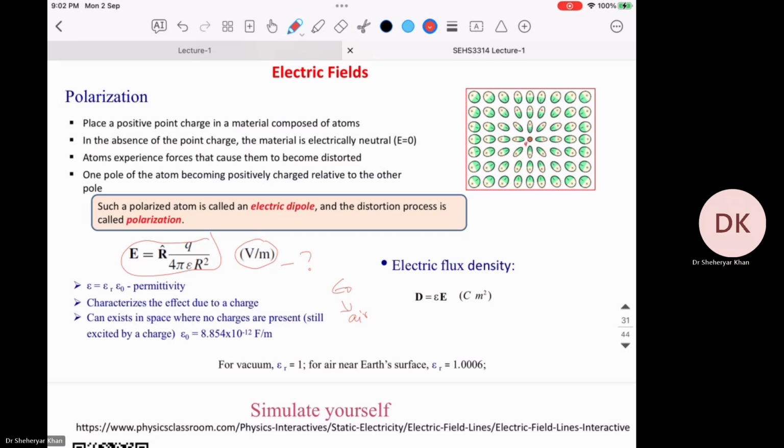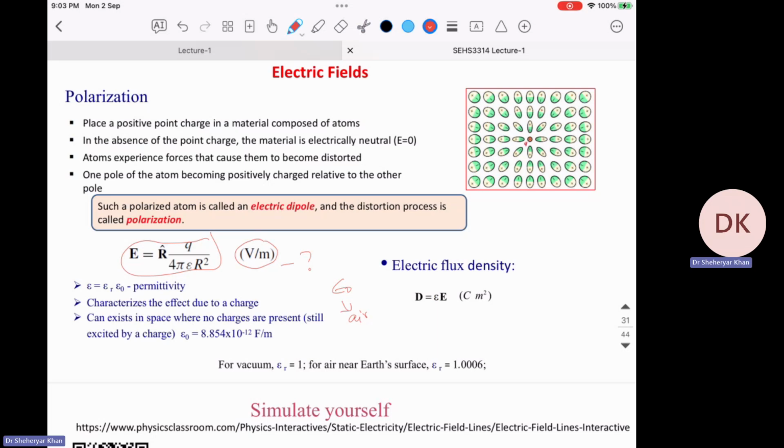Okay? So in this case, we use relative. You see, for vacuum, εr is 1. Of course, that is the same, right? This is already vacuum. For vacuum, we use 1. If there is something stronger than vacuum, then the value is higher than 1. If there is some student better than the topper, the factor is 1 point something.